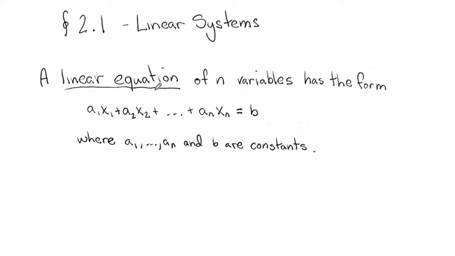Okay, so a linear equation of n variables has the form a1x1 plus a2x2 and so on plus anxn equals b, where a1 through an and b are constants.